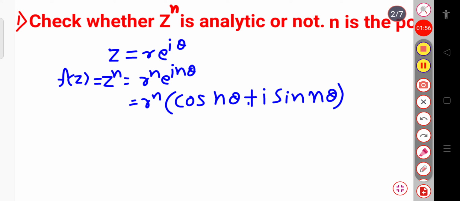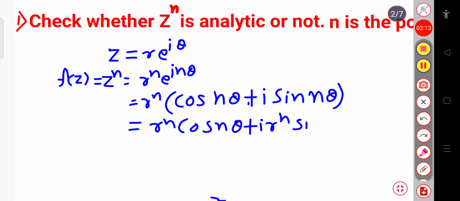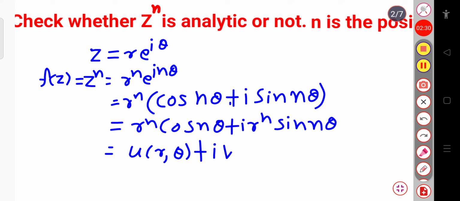If I multiply this r power n inside, this becomes r power n cosine n theta plus iota r power n into sin n theta. Now we have separated the real part and imaginary part. So I can write this as u of r comma theta plus iota v of r comma theta.